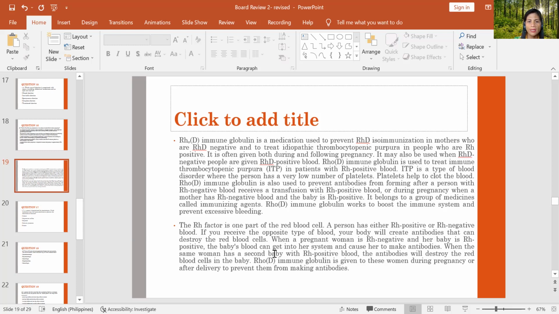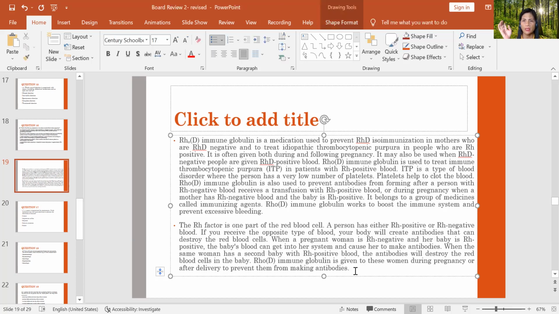When the same woman has a second baby with Rh positive blood, the antibodies will destroy the red blood cells in the baby. So, RhoD immune globulin is given to this woman during pregnancy or after delivery to prevent her from making antibodies. Okay, so that the next baby will not be affected. Okay? That's why they inject that.